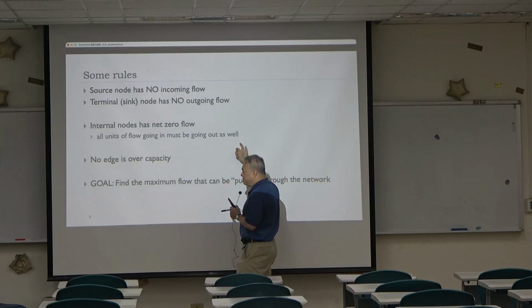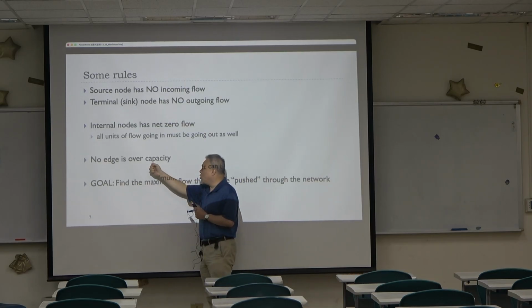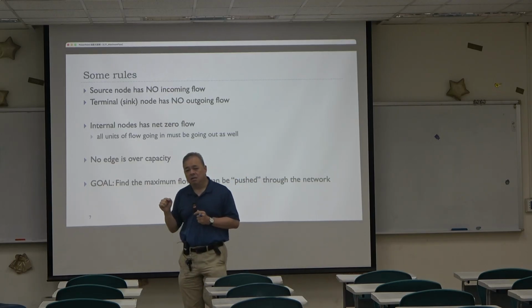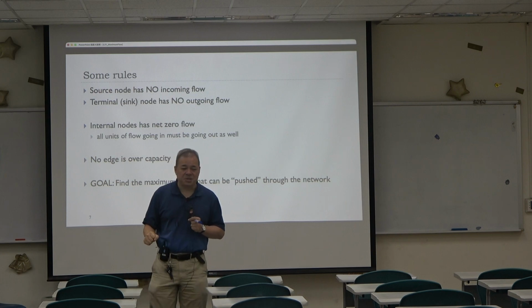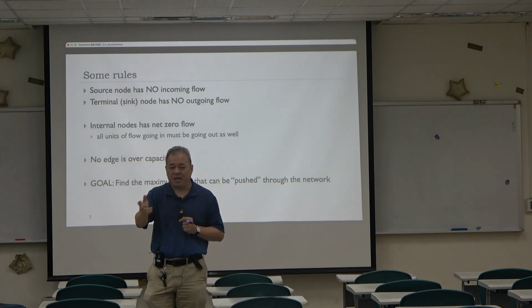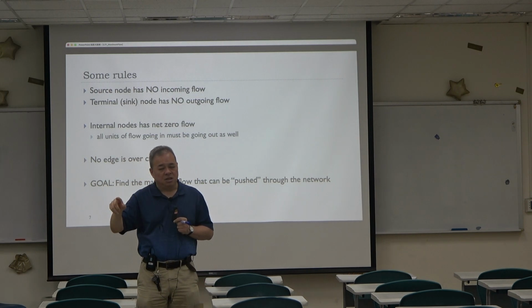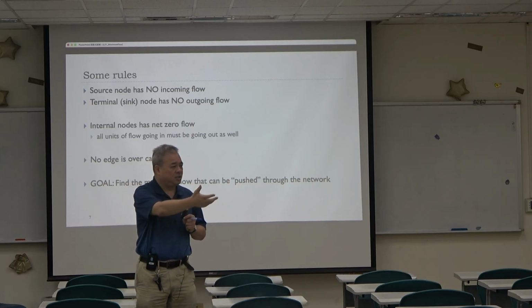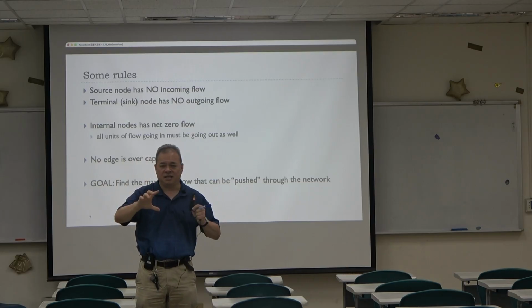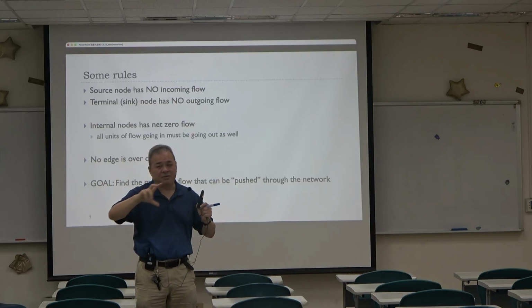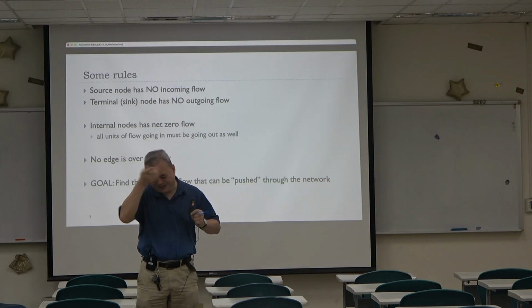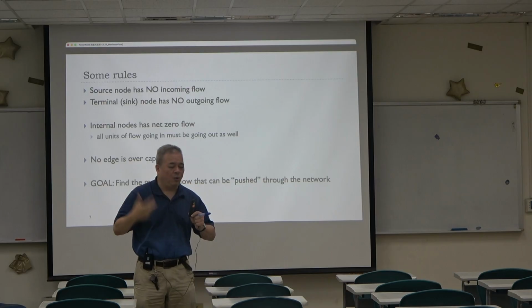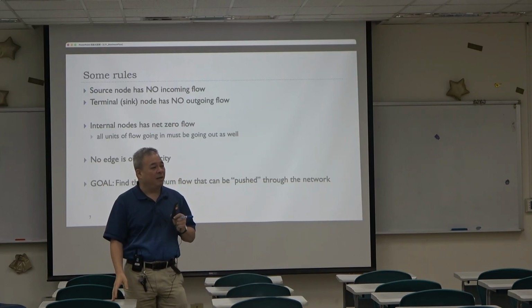And we also know no edge is over capacity. Remember that we said the integer on an edge indicates the capacity. You can imagine it as the size of your water pipe. If the pipe is this big, you couldn't inject more water into this pipe, otherwise the pipe breaks, right?